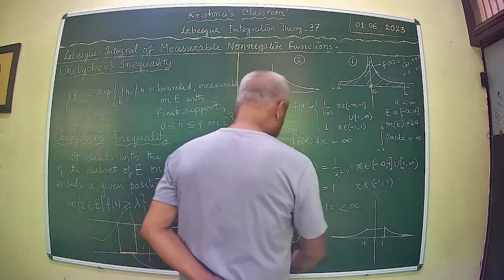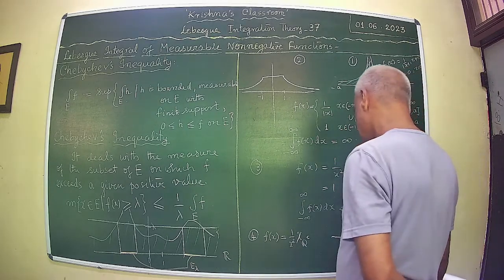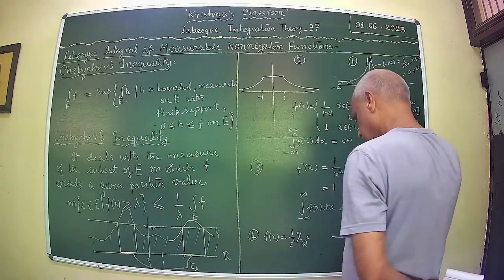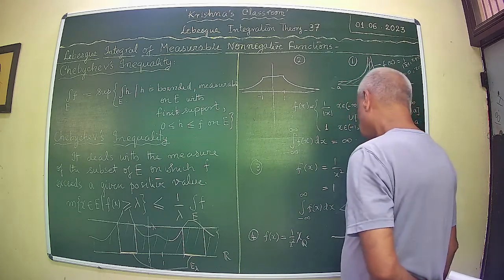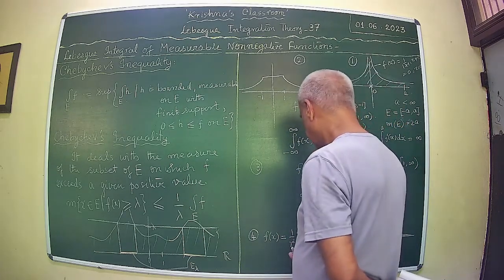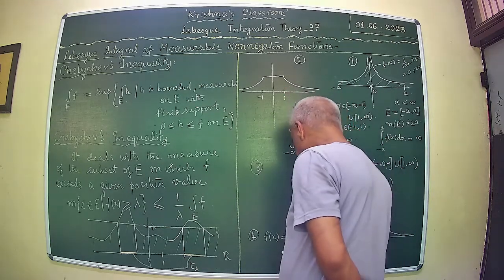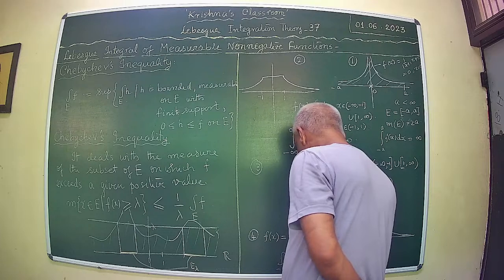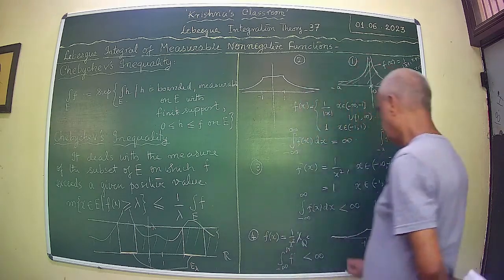Now you can show that, so see, this function is infinite at 0. Okay. But this function would become integrable. So you can show that this is integrable because x square dies down fast. So you can easily show that this is integrable.